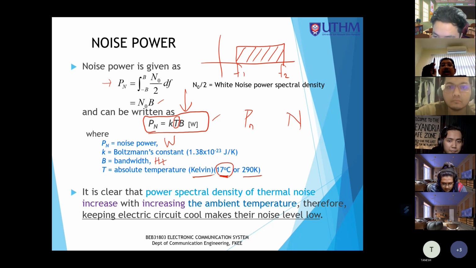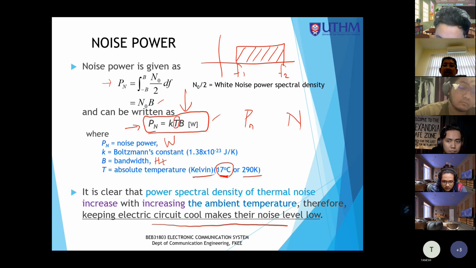Okay, remember, ideally we want the noise power to be as minimum as possible. Okay, so therefore keeping the electrical circuit cool makes the noise level low. Okay, itu sebabnya kita perlu letak kita punya electronic equipment dalam suhu yang agak sejuk. Antara sebabnya adalah untuk mengurangkan electrical noise. Okay, the higher the temperature, the higher would be the noise. Okay, we try to avoid that.